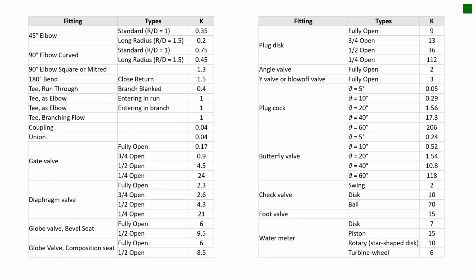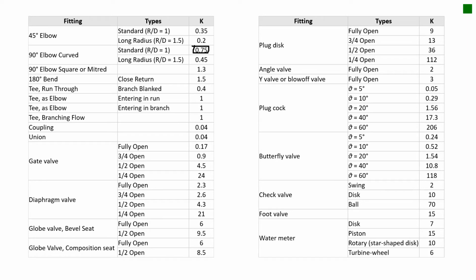As I mentioned before, we have various types of fittings inside pipelines, and each one has their own respective value of K, which will be included in the pressure loss equation. In our particular case, we have two 90-degree elbows, and in this case, if we use a standard radius, the K value would be 0.75.